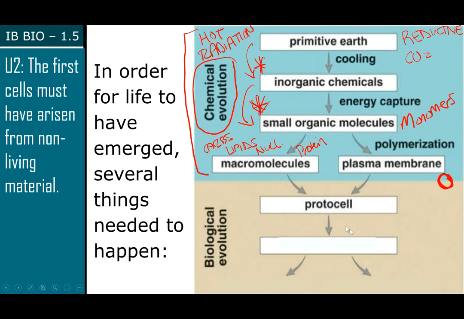So you get your first protocell, which eventually we would consider a cell, so like a prokaryote. It's important to understand the difference between chemical evolution and biological evolution. Chemical evolution has to happen first. We have to get the organization of these macromolecules into structures, and then we see the formation of life.